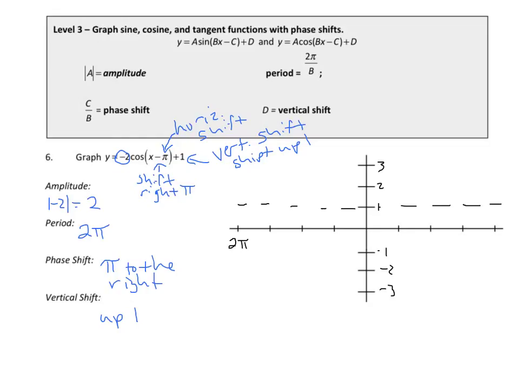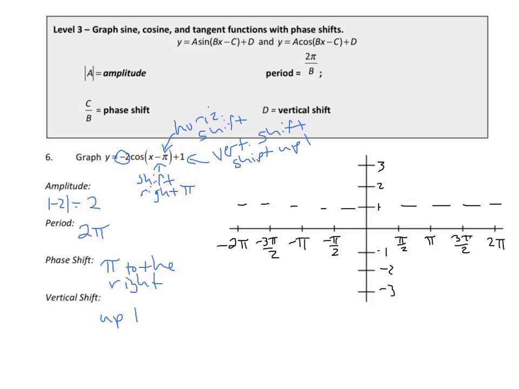So here's -2 pi, -pi, this is -pi over 2 and -3 pi over 2. Here's +pi over 2, pi, 3 pi over 2, and 2 pi.